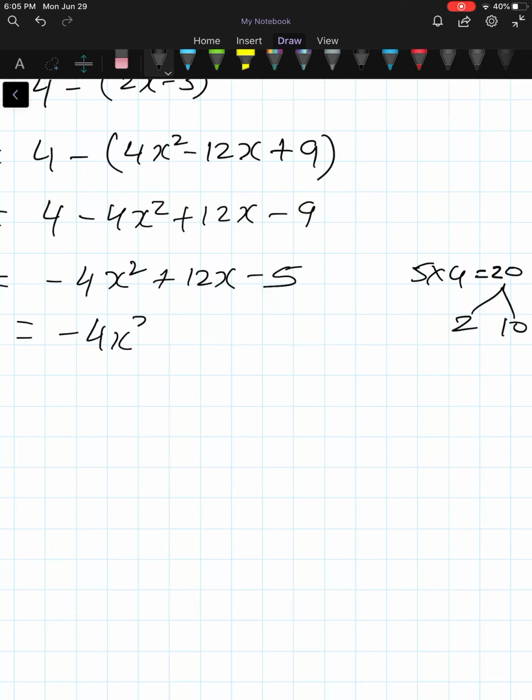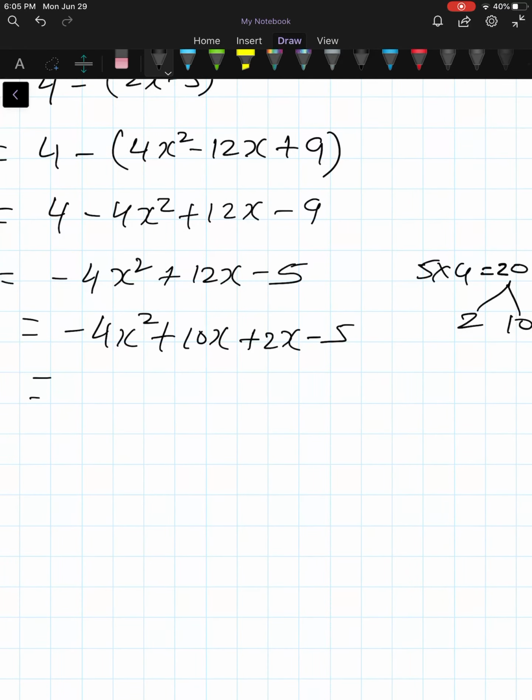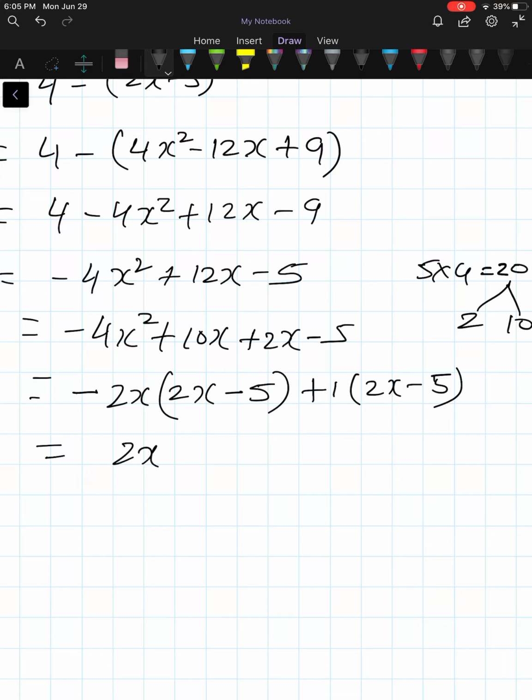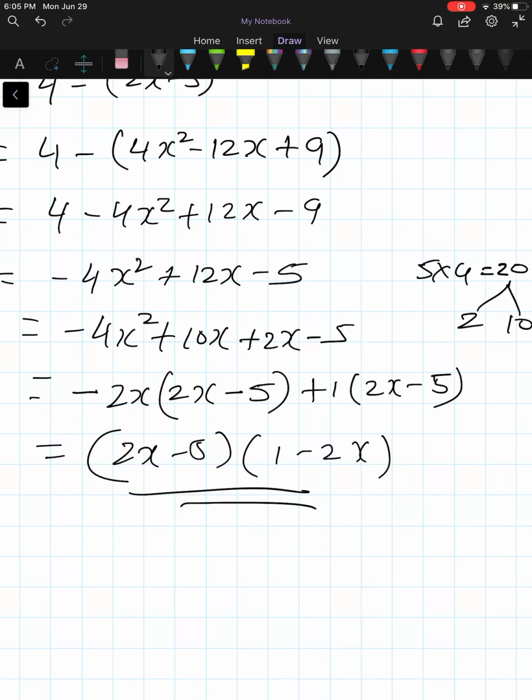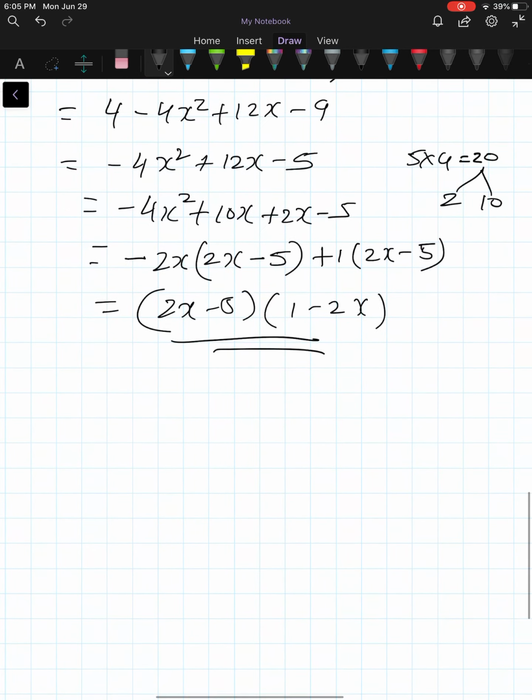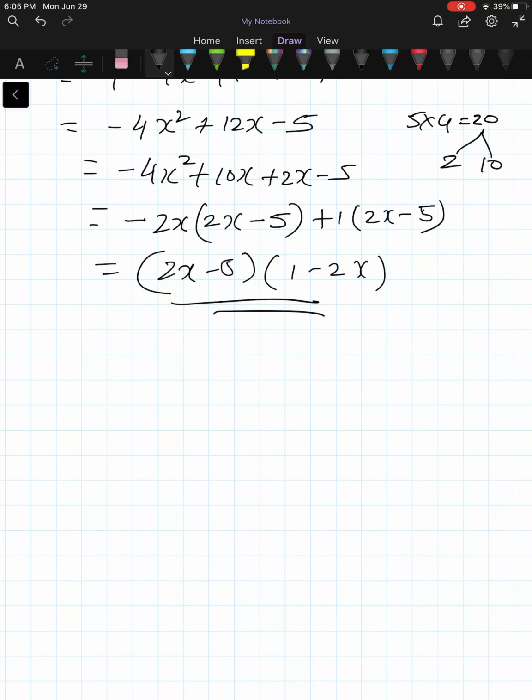So if you factorize it, that would give us minus 4x squared plus 10x plus 2x minus 5. So this would be minus 2x times 2x minus 5 plus 1 times 2x minus 5. So this would reduce to 2x minus 5 times 1 minus 2x. So this is the simplified version. So make sure you express the answers in the simplified version, like the maximum simplification possible.